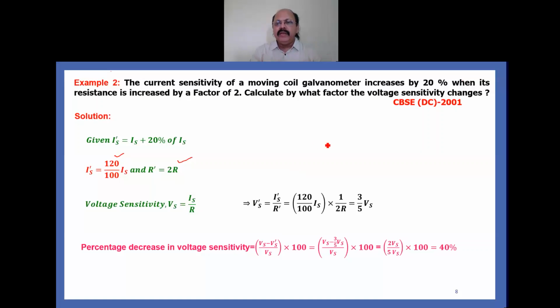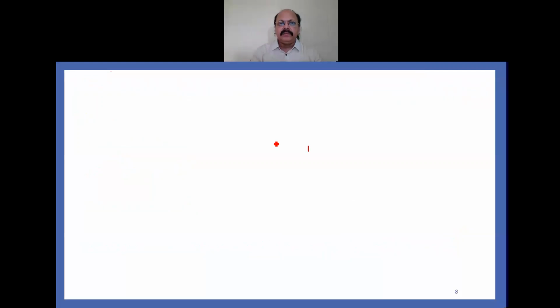When you solve it, you get 40%. So the percentage decrease in voltage sensitivity is 40%. Sometimes in examination these values are changed, sometimes 50% or 40% is given in place of 20%, but the formula and concept remain the same. You have to apply it and calculate.